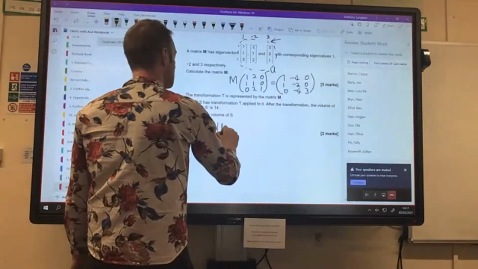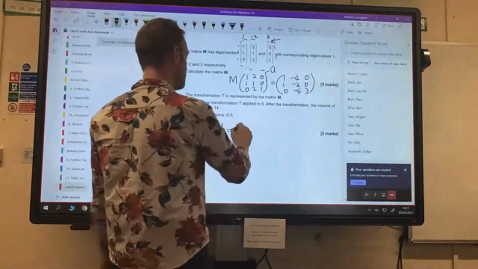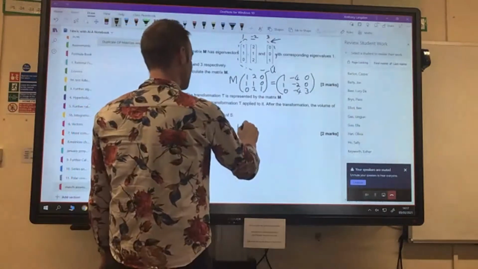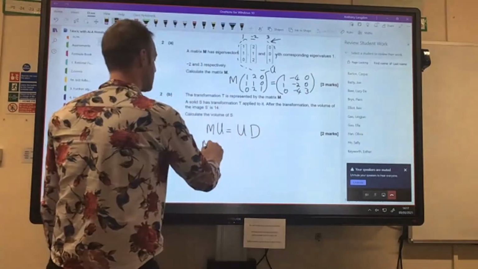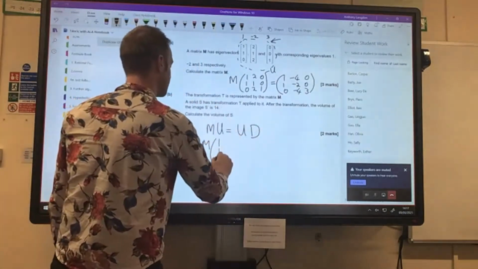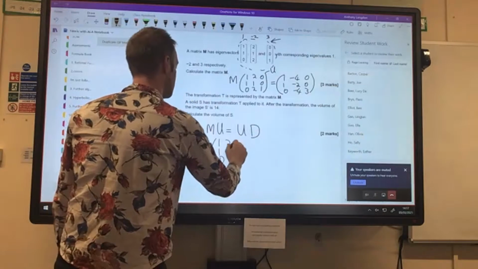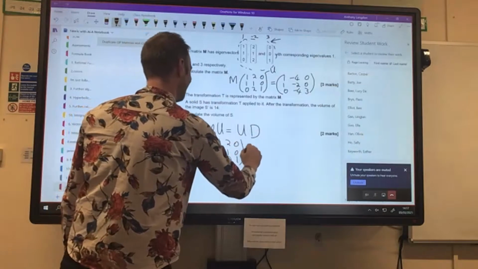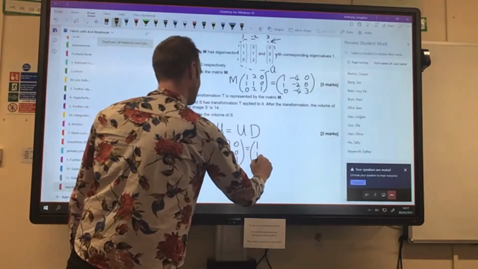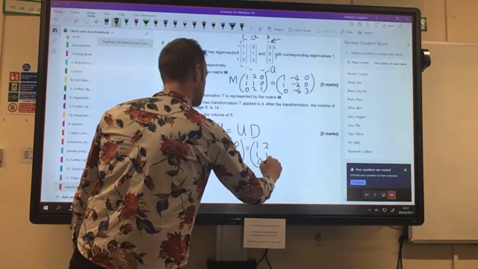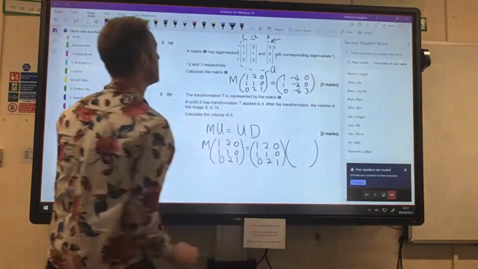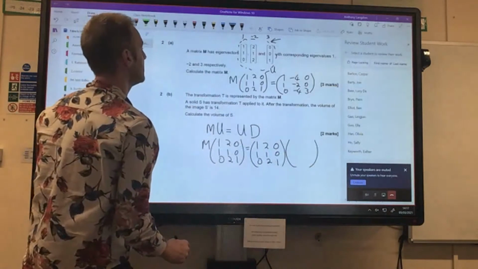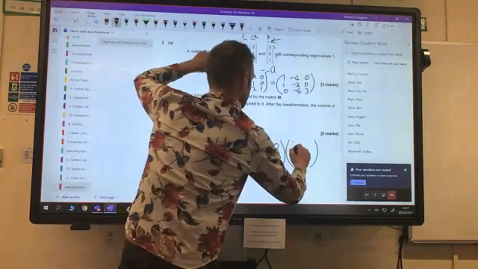So we've got MU equals, and this is the bit you've got to remember, it's diagonalisation. Let me write it out. I suppose I'm reteaching diagonalisation. The eigenvalues are 1, minus 2, 3.